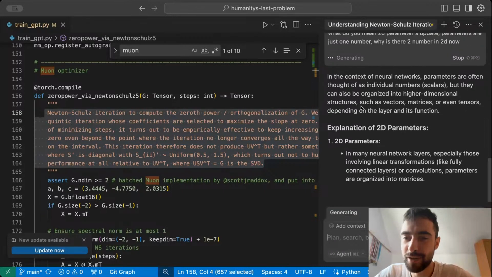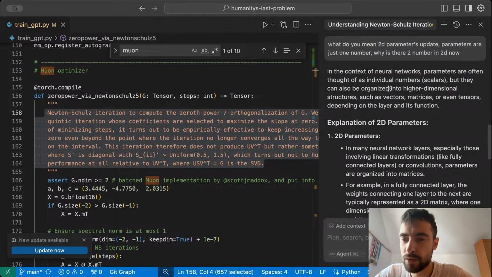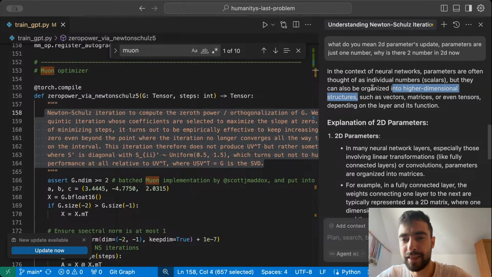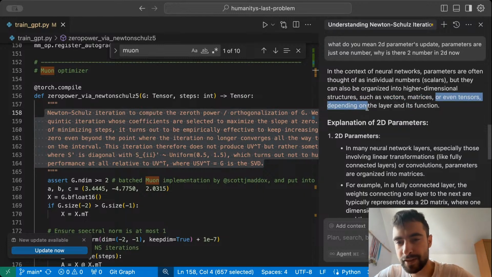In the context of neural networks, parameters are often thought of as individual numbers, but they can also be organized into higher dimensional structures. What does it mean, orthogonalized? How can you orthogonalize a single scalar? Such as vectors, matrices, I guess they can be converted, I don't know, or even tensors, depending on the layer and its function.